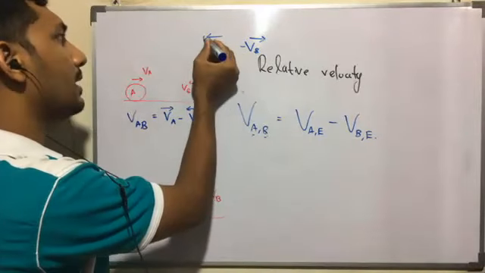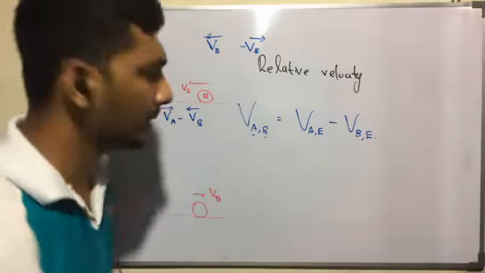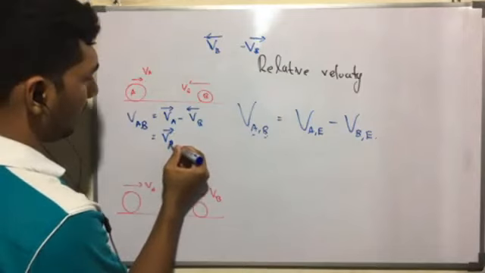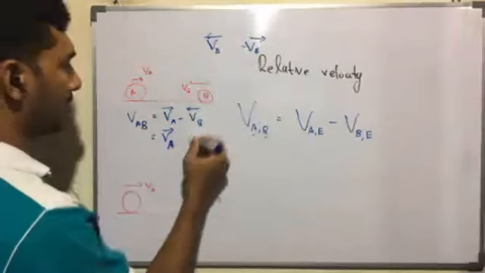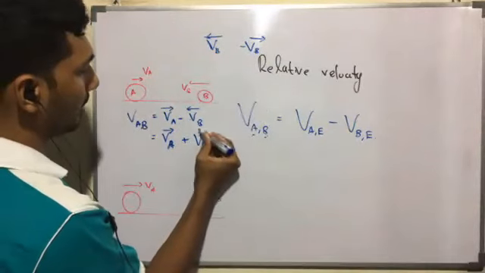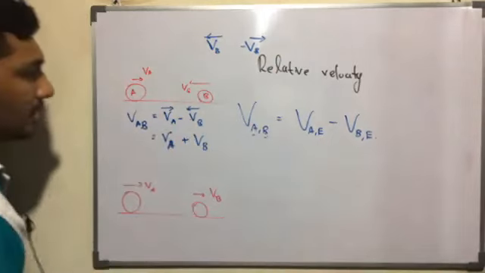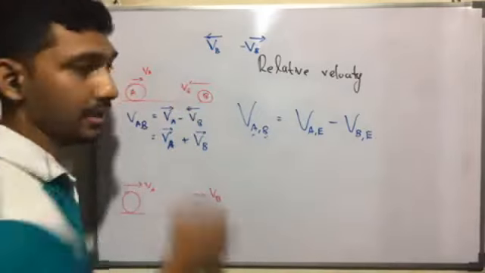So V_B in this direction is equal to minus V_B in this direction. That's how you interpret it. If you substitute this into V_A minus V_B, minus into minus will become plus, so plus V_B in this direction. This is how you get the equation. Direction is not very important here because I have taken an example diagram.